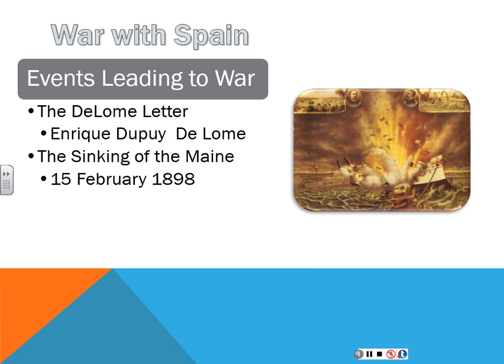In 1971, the ship would be refloated, and they would examine it. What they discovered when they looked at the hull was that the explosion resulted in jagged metal coming out. Jonathan, you're nodding your head.